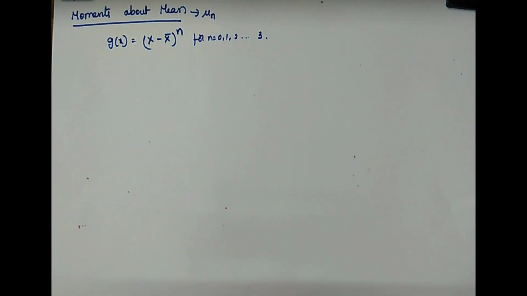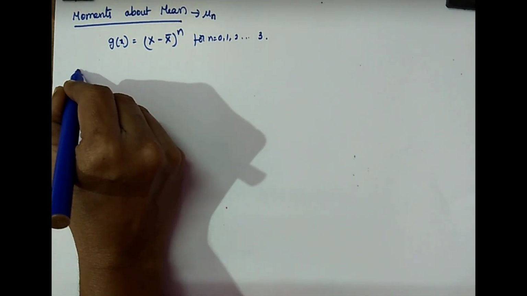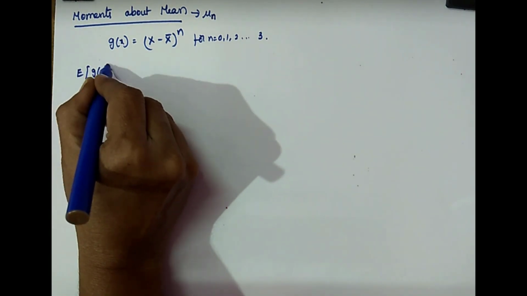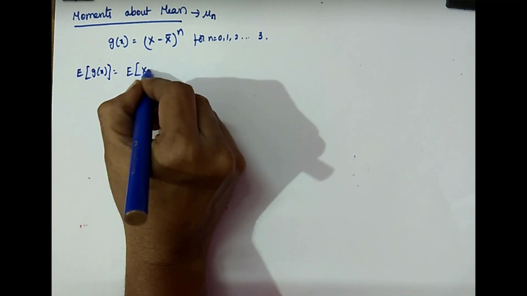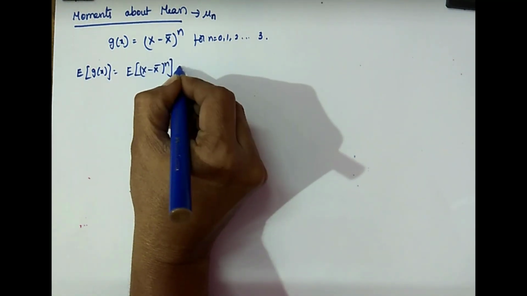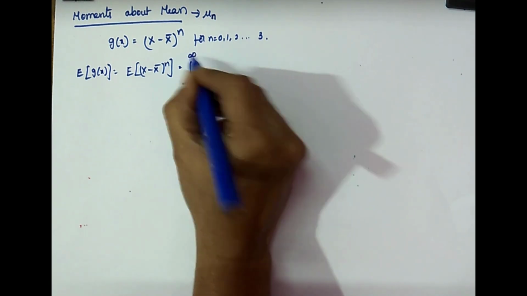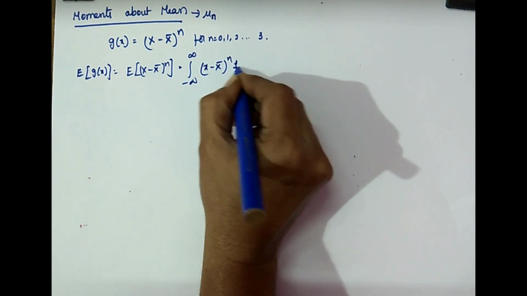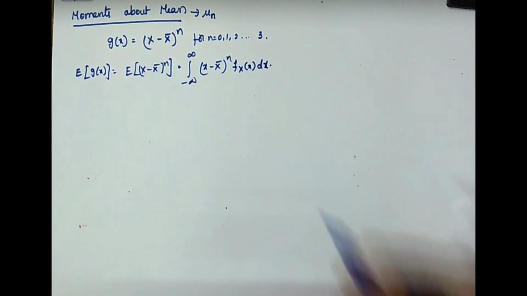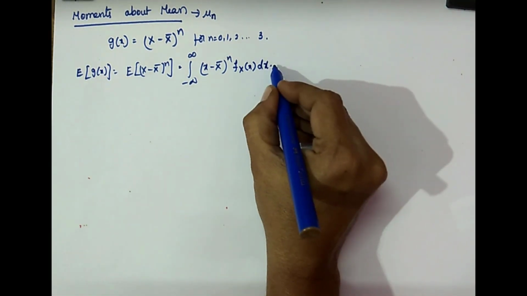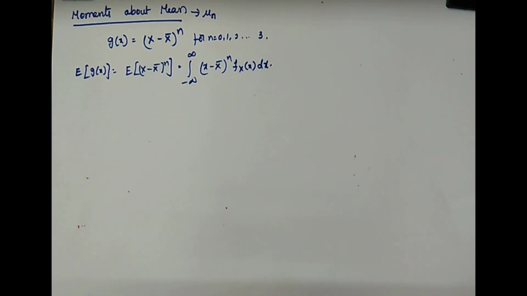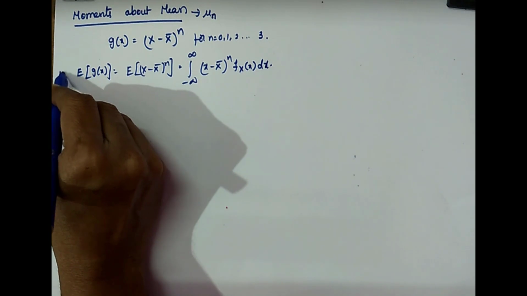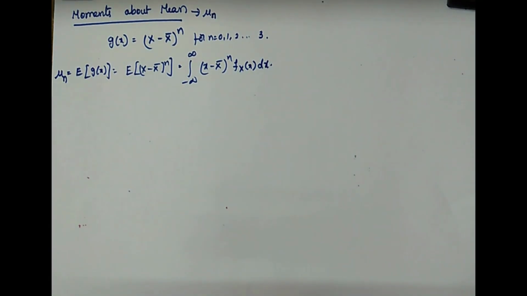Therefore, the expectation of g of x, which is nothing but x minus x bar whole power n, is simply the integral from minus infinity to infinity of x minus x bar whole power n fX of x dx. This is called the moments about mean, represented by mu_n.